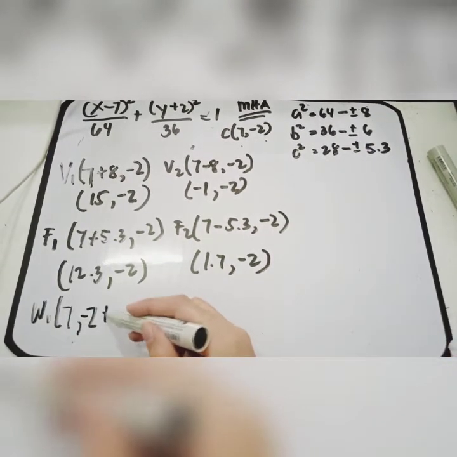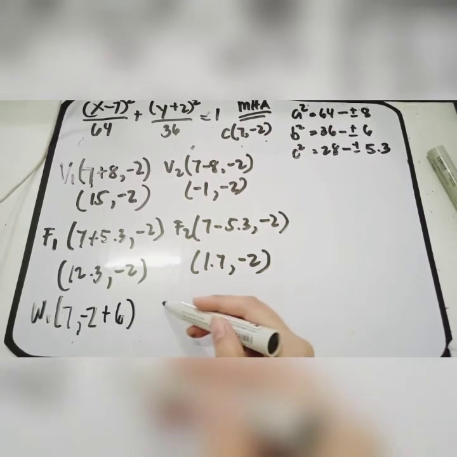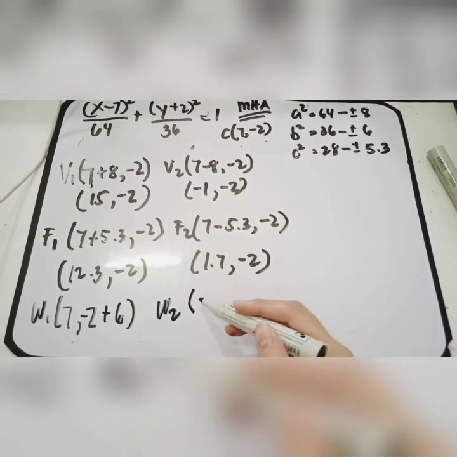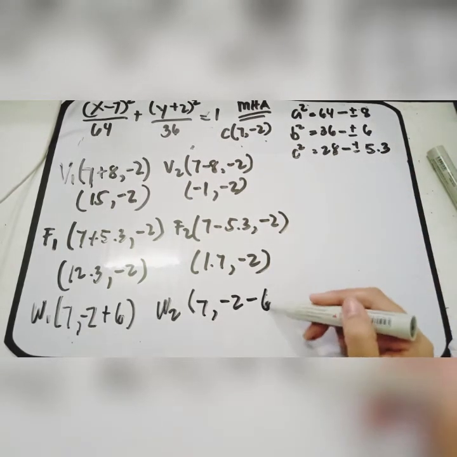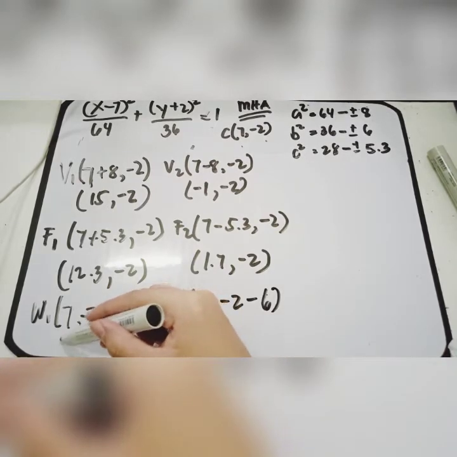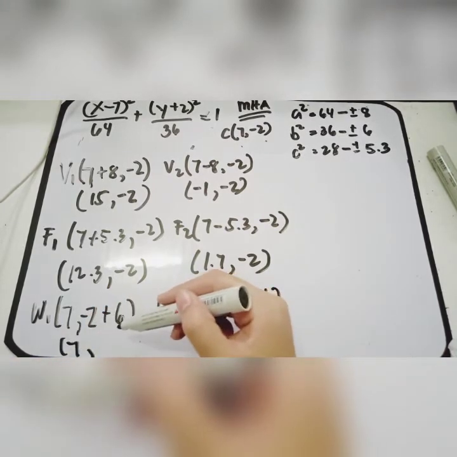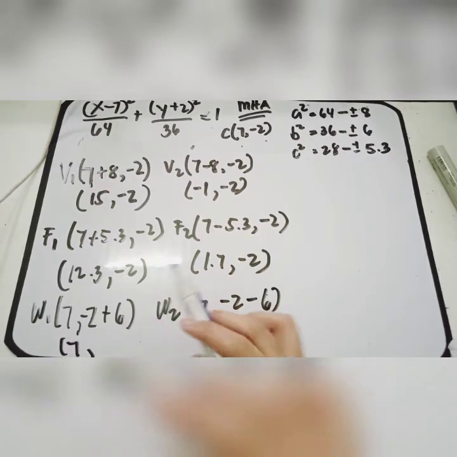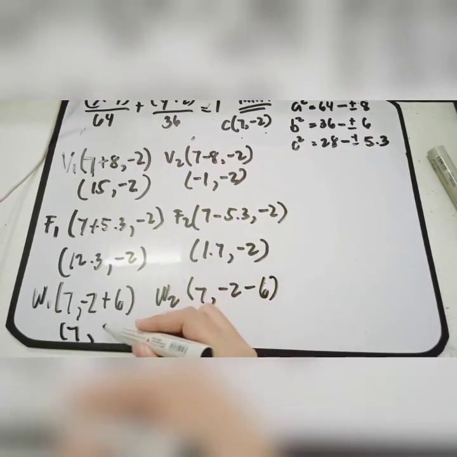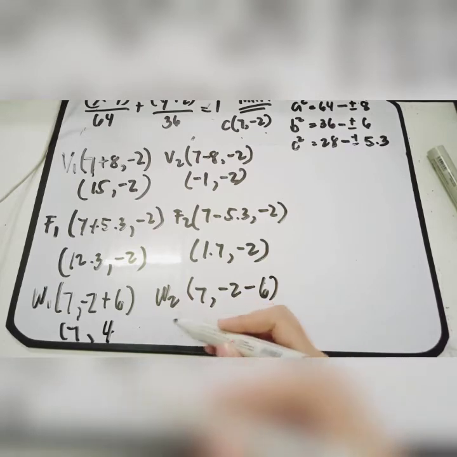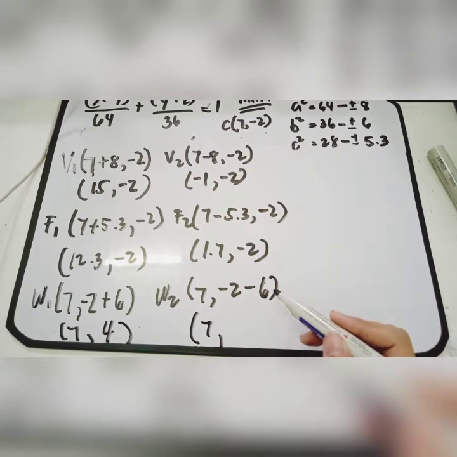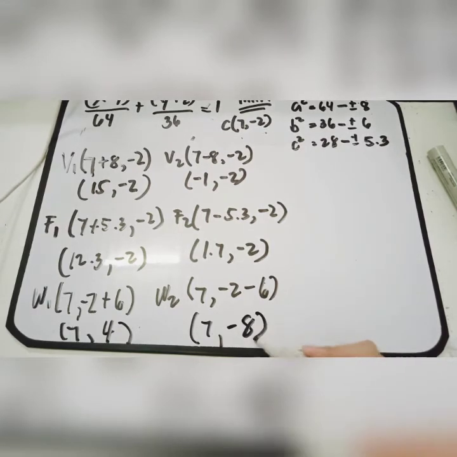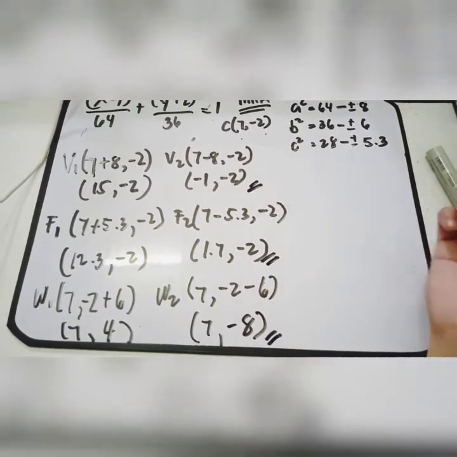So, positive first plus 6. And for W2, it's 7, comma, negative 2 minus 6. So, simplify. Copy lang si 7. So, negative 2 plus 6 is equal to 4. And then, for W2, 7, comma, negative 2 minus 6 is negative 8. So, we already have the co-vertices, the foci, and the vertices.